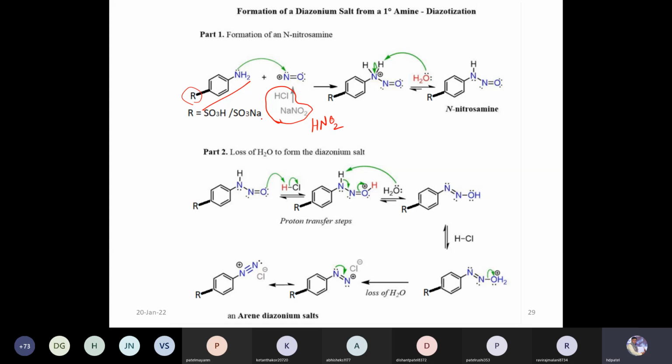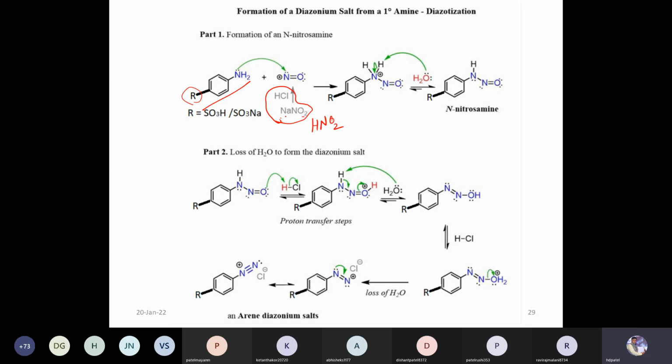Now, there are different methods by which we can generate nitrous acid. Some people add sulfuric acid and the sodium salt of sulfanilic acid, and then introduce NaNO2.